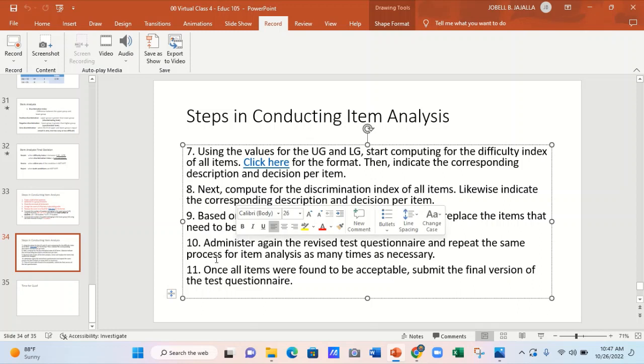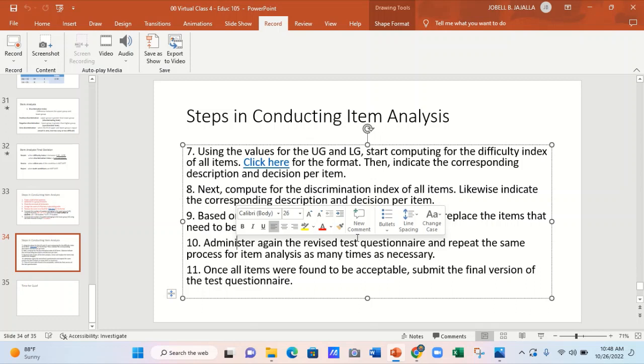Now for number 10, administer again the revised test questionnaire and repeat the same process for item analysis as many times as necessary. So kung dili pa jud na siya mahuman-human ang mga errors, defective items, even if 20 na kabuok ka nag-item analysis, nag-revise, nag-administer og test questions, wala tay labot ana.